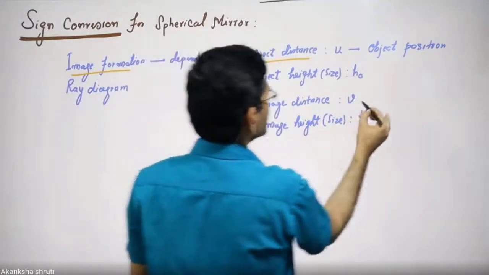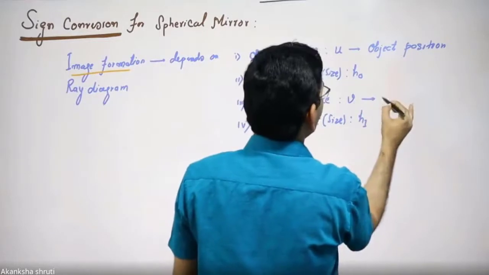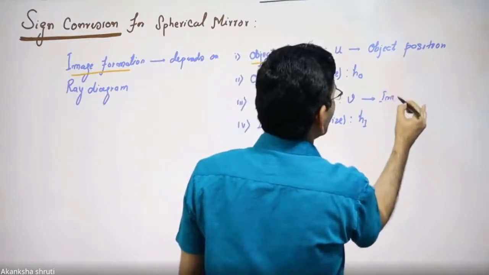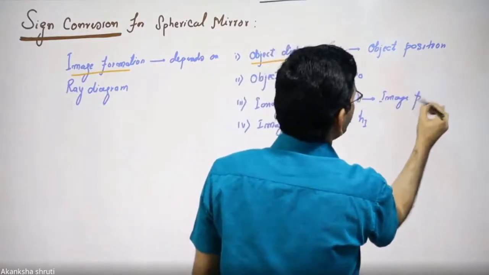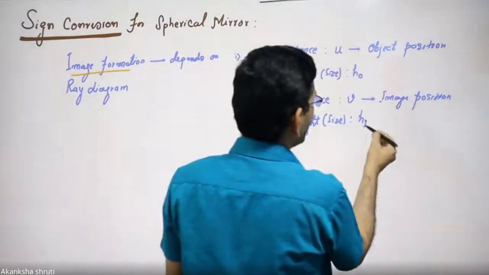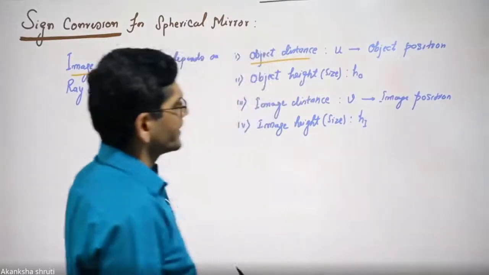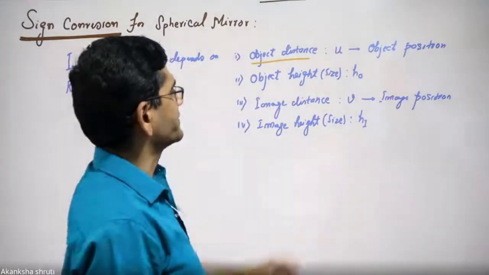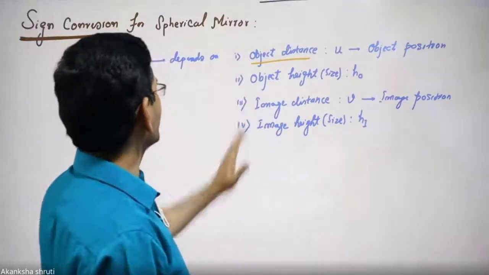Then image distance is denoted by V, also called image position. Next is the size of image or height of image, denoted by HI. These are the common symbols we are using.